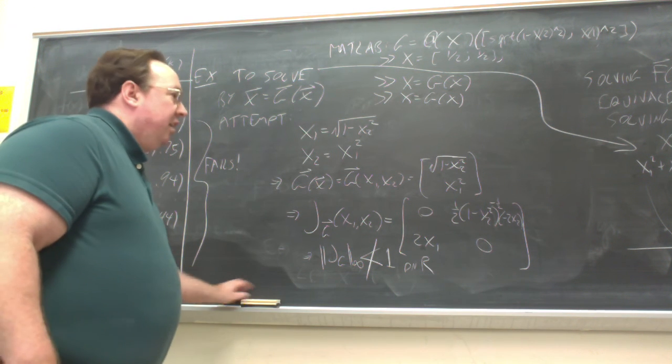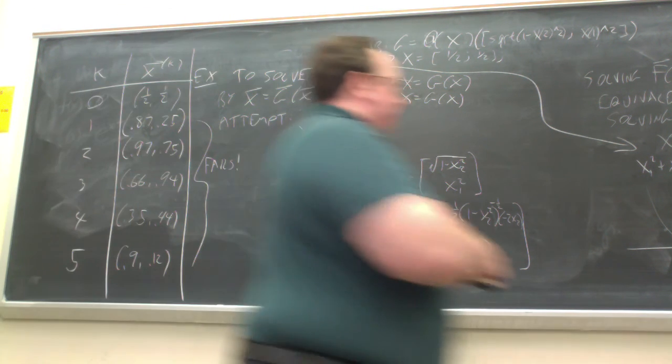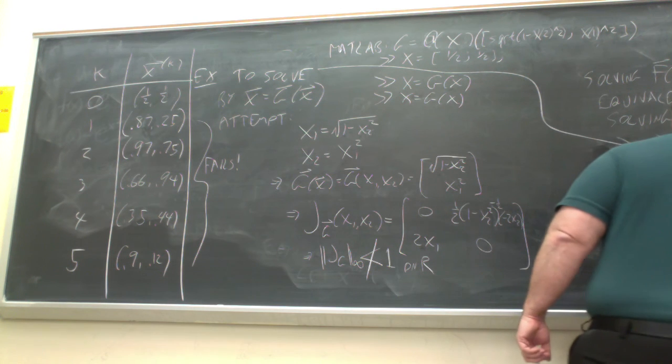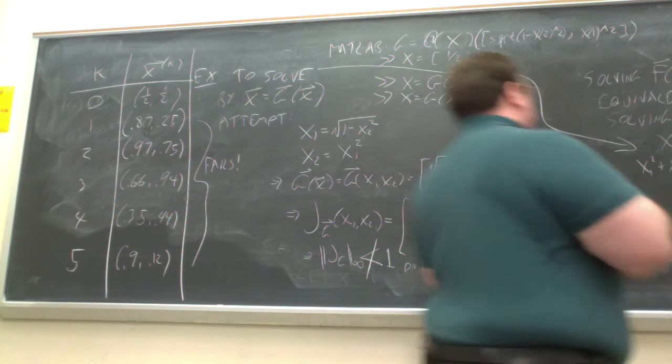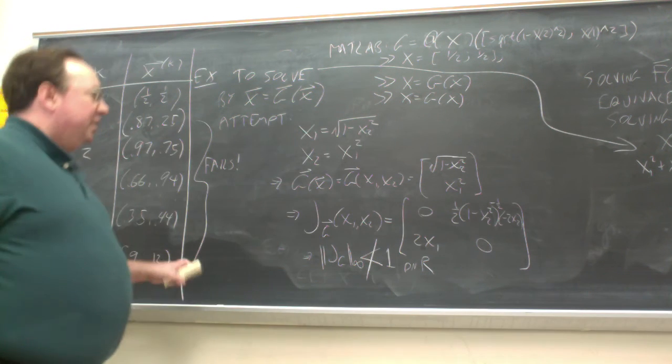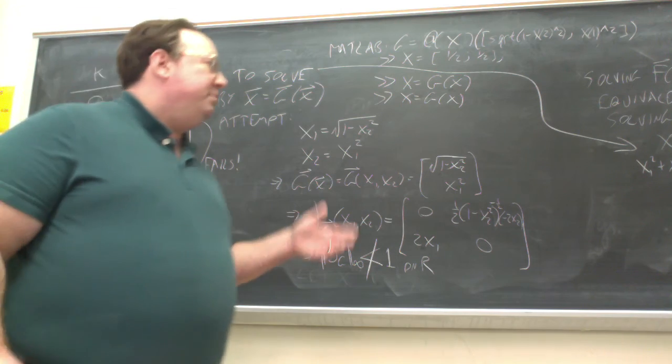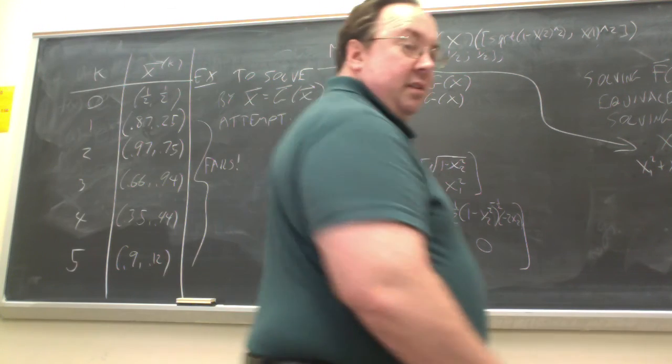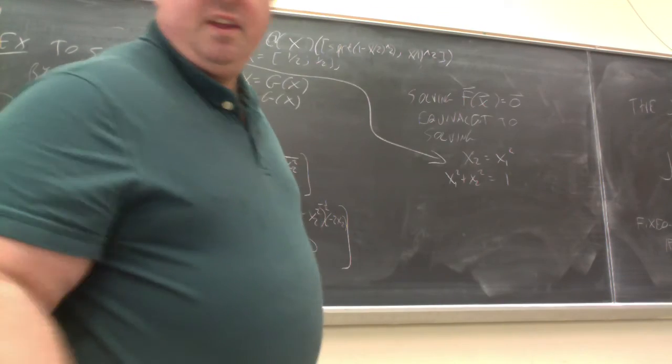Okay, so what we can do is let's consider an alternative. If we go back to these equations, we need to isolate x1 and x2 to get a g, but let's isolate them differently. All right.